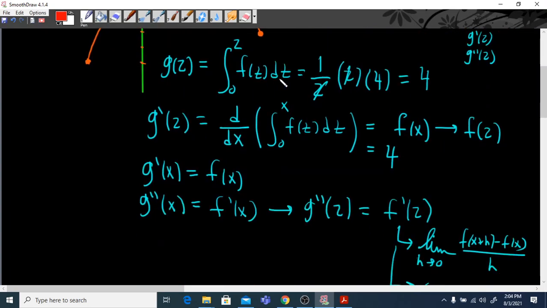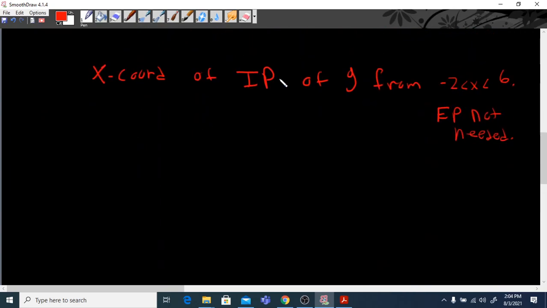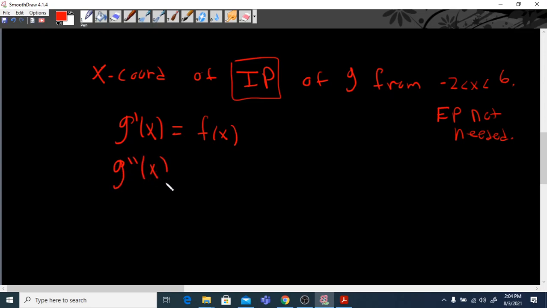Okay, well, once again, we know that g prime is equal to f of x. Now let's remember inflection points, right? So a little unit 5 review here. An inflection point happens when the second derivative changes sign, right? So we want the second derivative of g, which of course is going to be the first derivative of f.